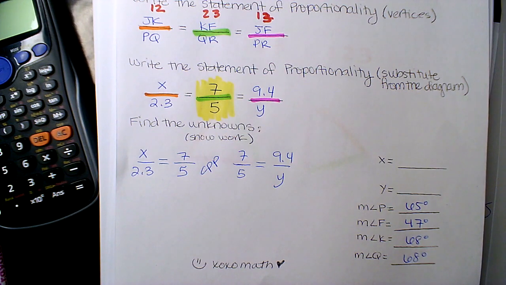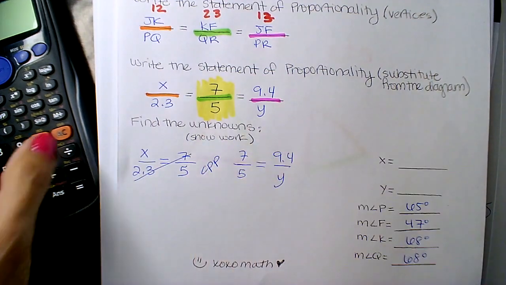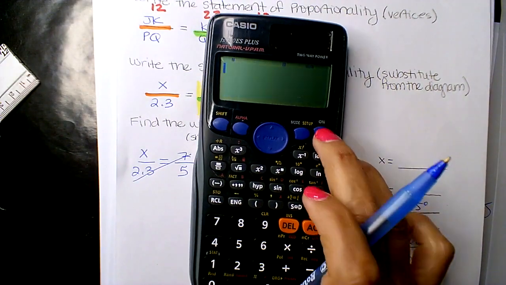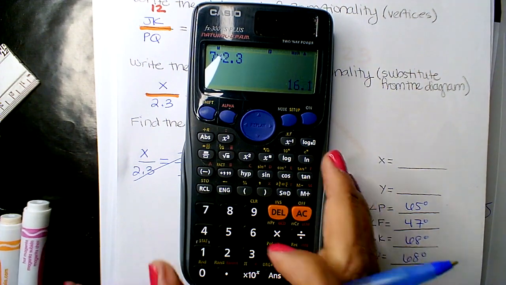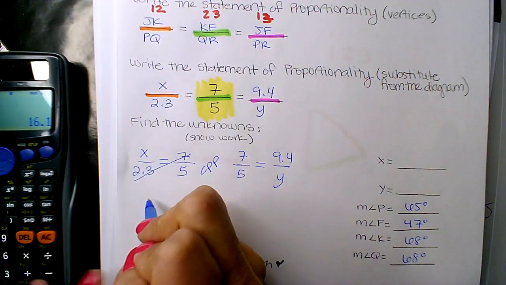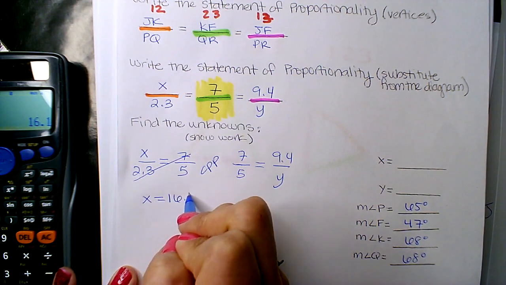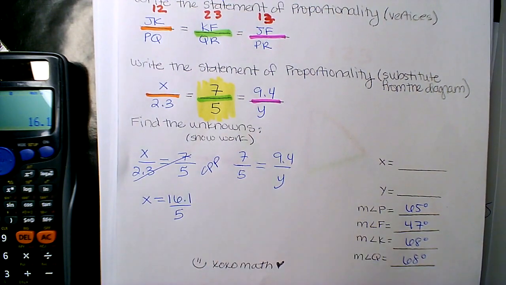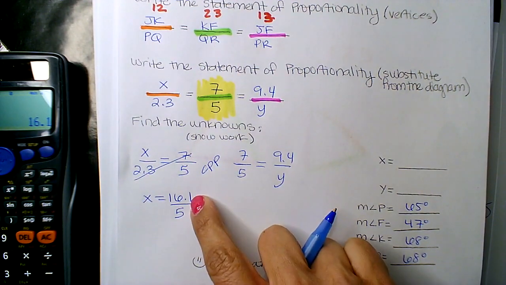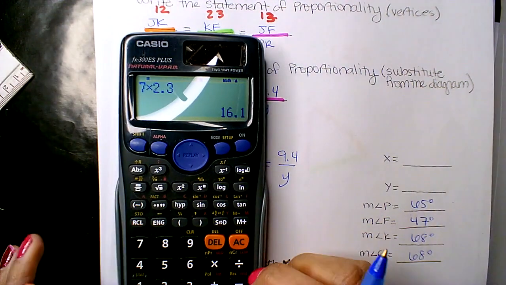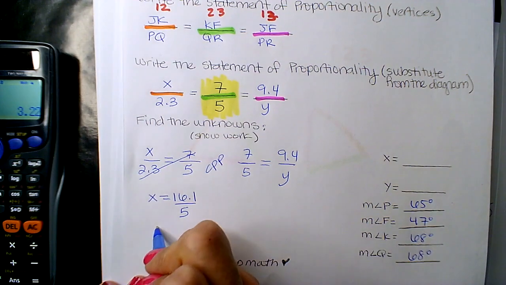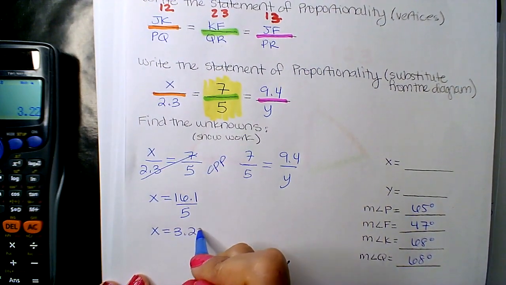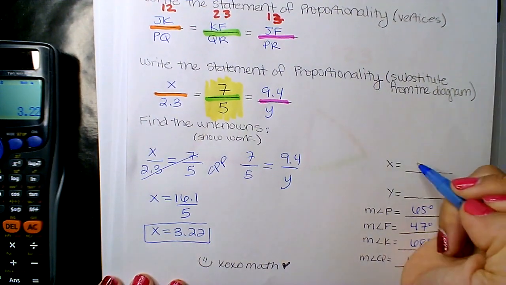Okay, so look, cross product property. What is 7 times 2.3? And by the way, if you don't have a calculator and you're not typing the numbers, do not ask for clarification. You need to push the numbers to understand it. So 2.3 times 7 gives me that, divided by 5. Watching someone calculate is not the same thing as doing it yourself. So there's my x.